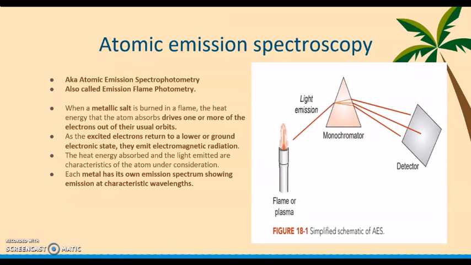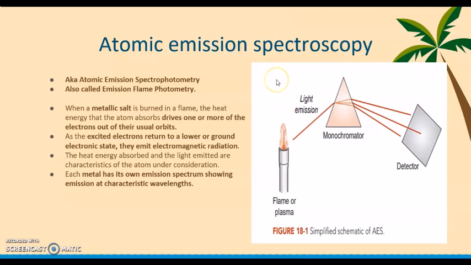So, taking a look at our picture, makikita natin na yung ating metallic salt. Ayan, di ba? Kapag daw ito ay nag-undergo ng flame, it will excite the electrons. As they excite the electrons, they are going to emit electrical charges. So, and then, bababa siya sa ground state.